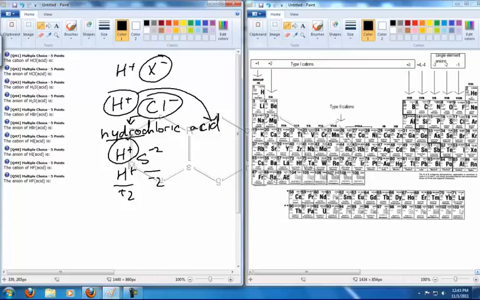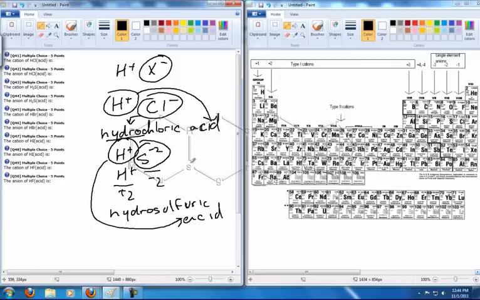The ions we're dealing with here are H plus and S2 minus, and again the name would be hydrosulfuric acid. So the H plus is telling us it's acid, and the S2 minus is hydrosulfuric, hydro indicating that this is a single element anion that we're dealing with here, not a polyatomic ion.